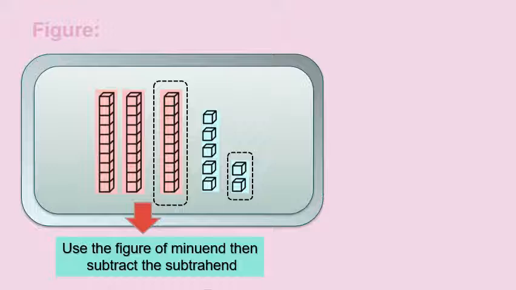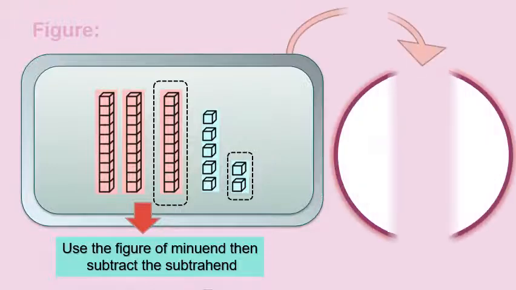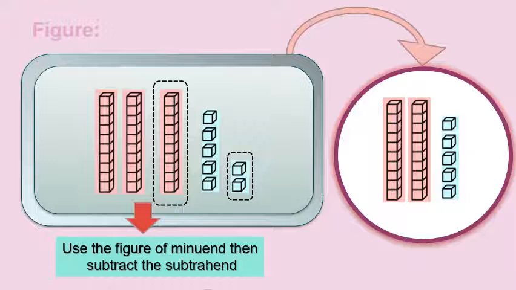Now let's take out 1 ten and 2 ones. What is left? Yes, you're right. It's 25. So there are only 25 sweets left. That's 2 tens and 5 ones.